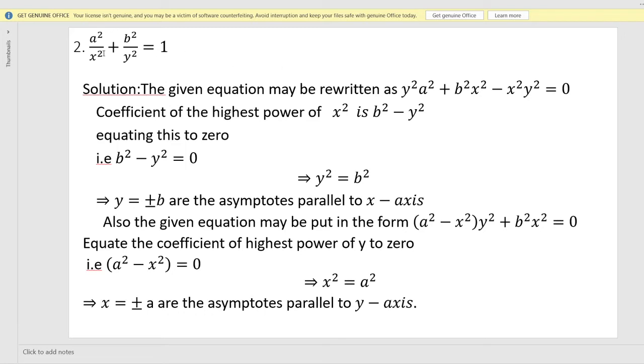Next, the second one: we have to find the asymptotes of a²/x² + b²/y² = 1.